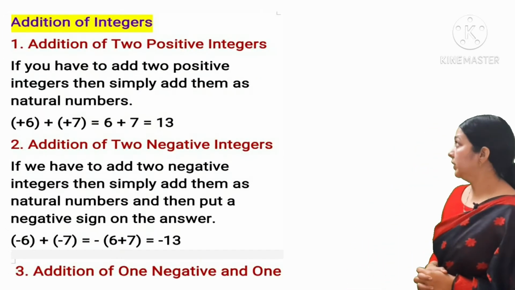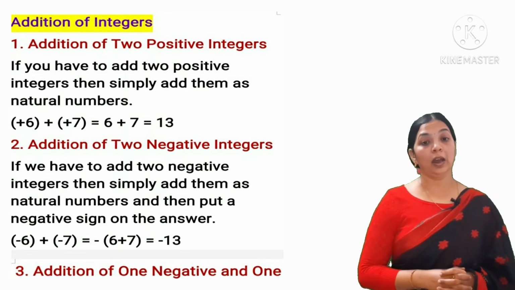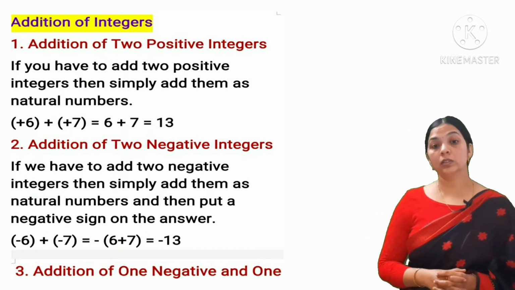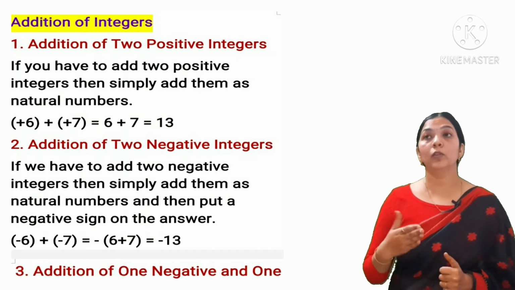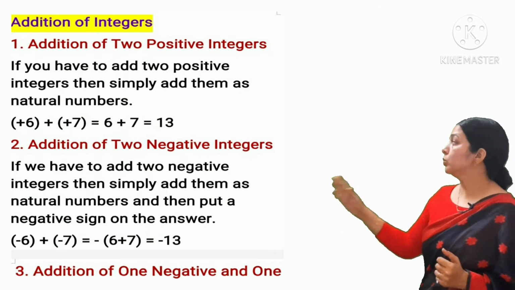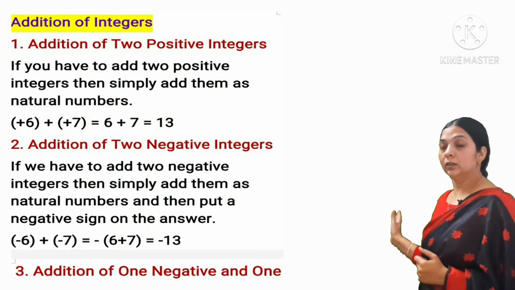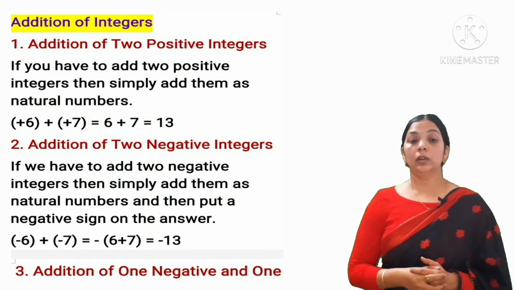Now, addition of integers. Addition of two positive integers. If you have to add positive integers, then simply add them as natural numbers. For example, if we want to add plus 6 to plus 7, it would result in 13, as this process is just like adding natural numbers.